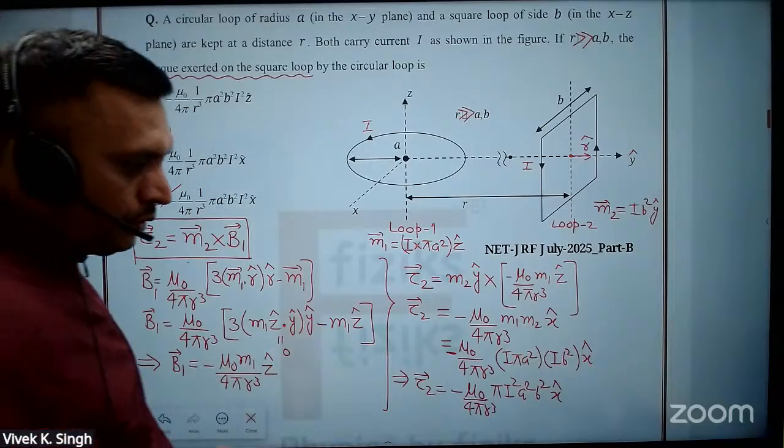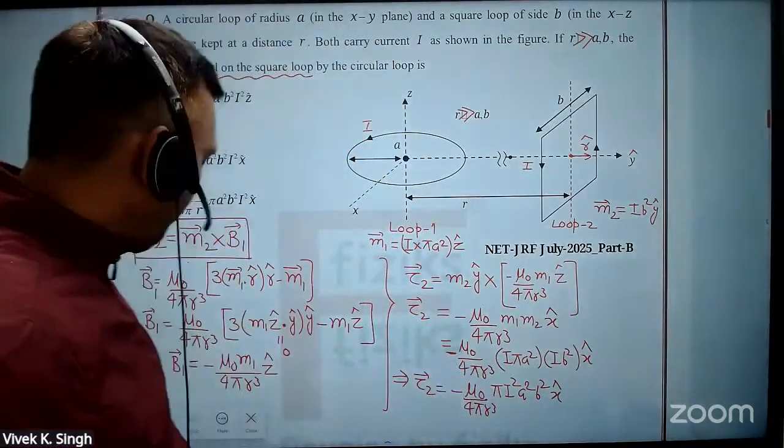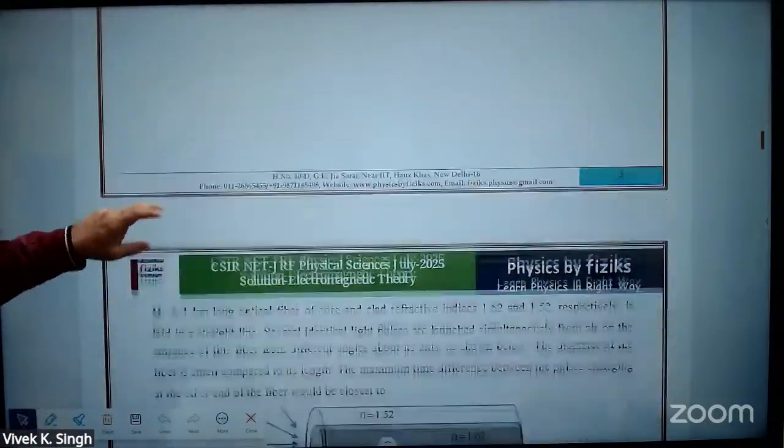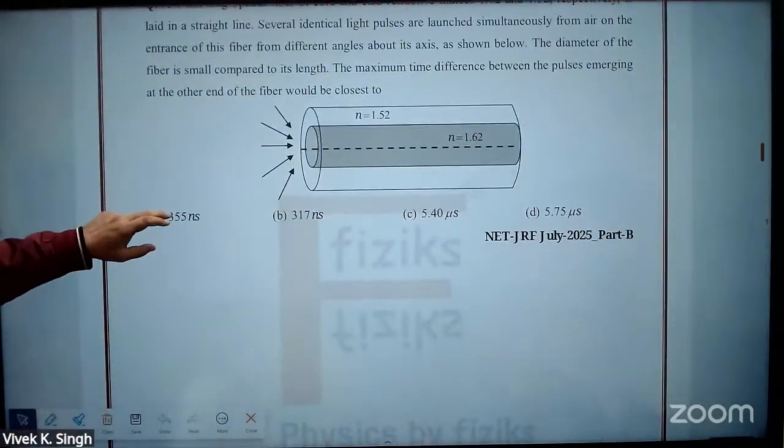Clear? So now let's see the next question. Yes, this is the question.